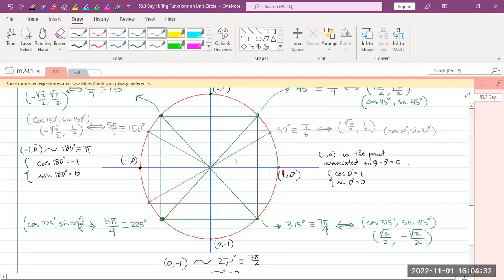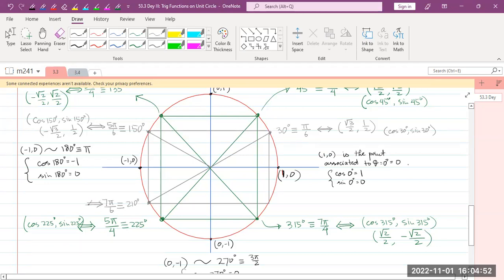It is 180 degrees plus 30 degrees. So that is 210 degrees. In radian, it is 7 pi over 6.